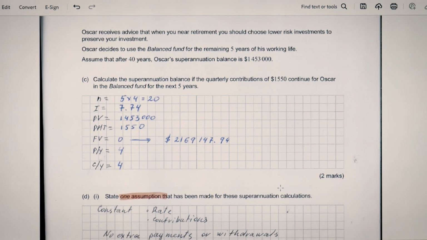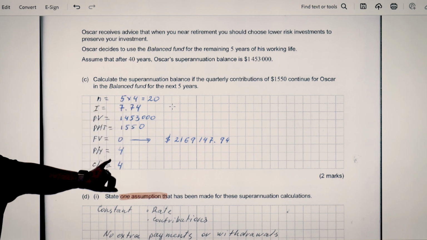Then they say to calculate the superannuation balance if the quarterly contribution for Oscar is in a balanced fund for the next 5 years. So again, 2 marks, straightforward for 5 years. This N. A lot of students forgot to multiply by PY.